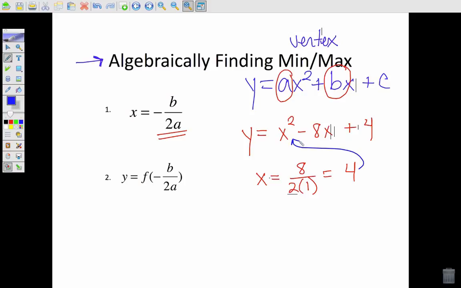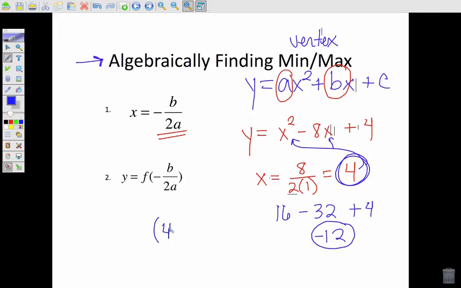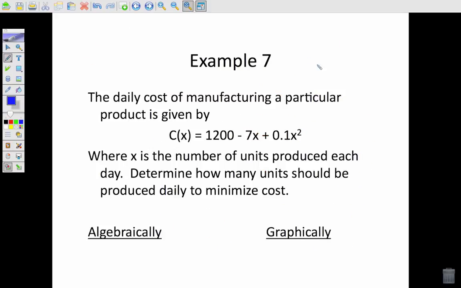So then if you go back and you put 4 in for all the x's, we would have 16 minus 32 plus 4. This would give us negative 12. So I know that the vertex is 4 and negative 12. So that would be my minimum value there. My parabola opens up here, and this would be the vertex, so that's your minimum. So you can follow the formula negative b over 2a to figure out your vertex.